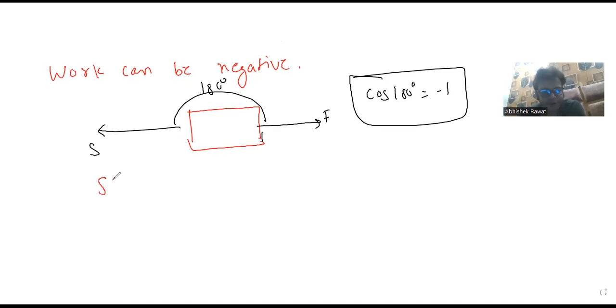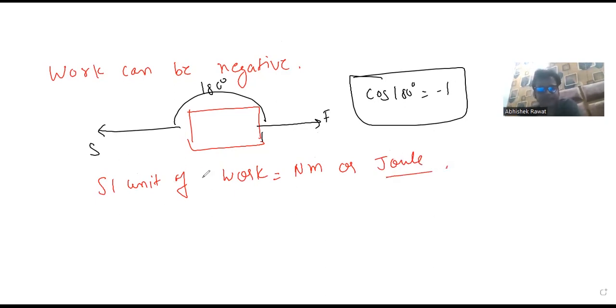The SI unit of work is, since it's the product of force and displacement, Newton meter, or joule. The SI unit of work and energy is the same, since work is a form of energy, and dimensionally it is the same. The energy unit is also joule.